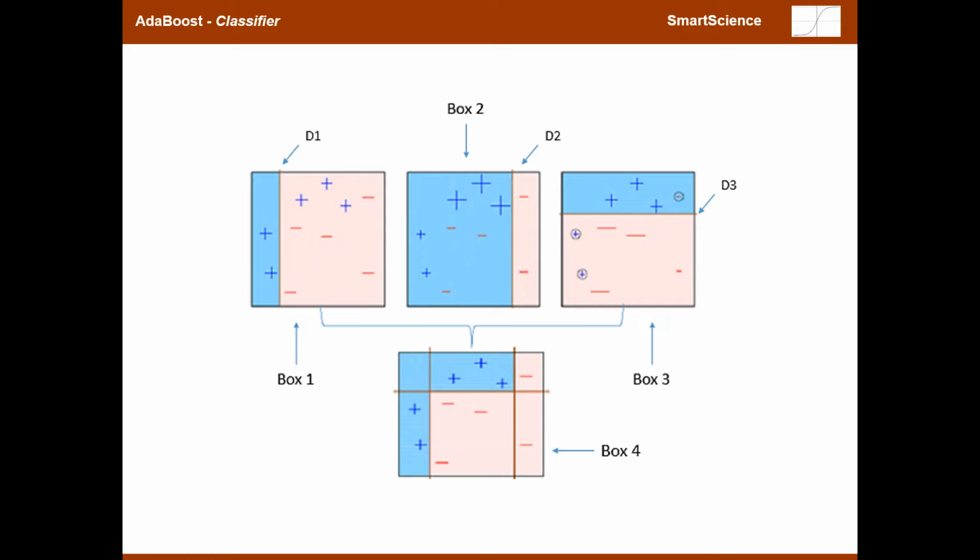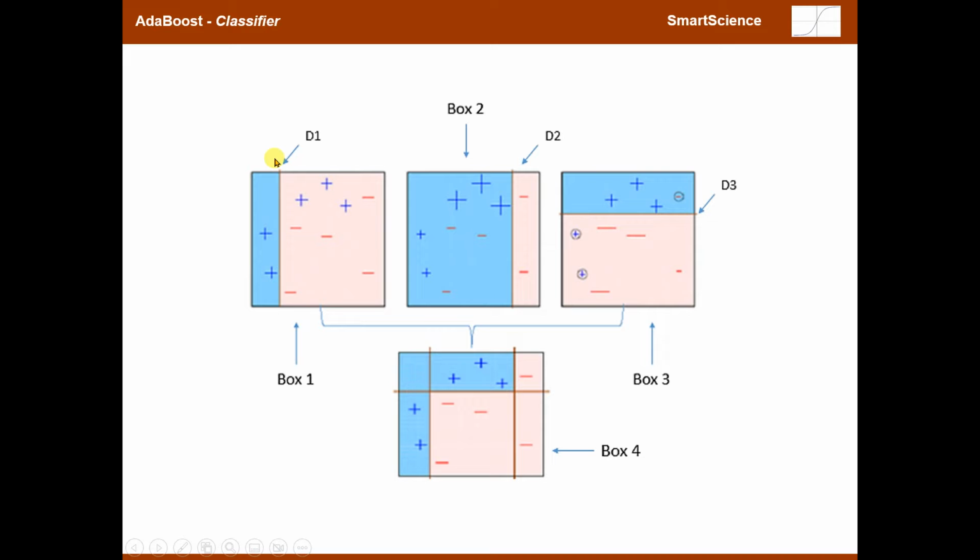This shows that we got a data set with positive and negative labels, and we are building a decision tree with one split. It is called a stump. That means the level is equal to 1.